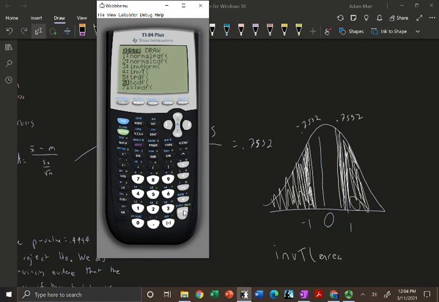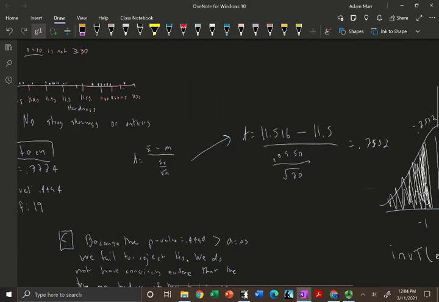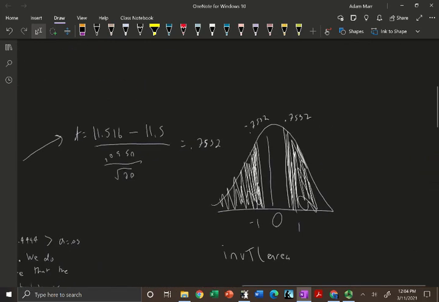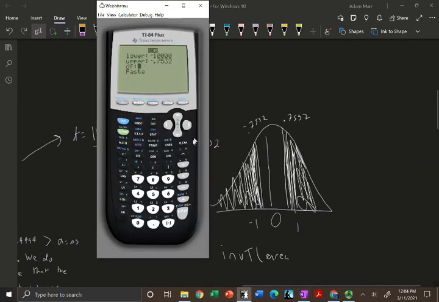My fault. If you have the area already, then it's inverse t, but this is TCDF. So lower is -10,000. Upper is -0.7532. The degrees of freedom is once again n minus 1. That ended up being 20, so 20 minus 1, which is 19.